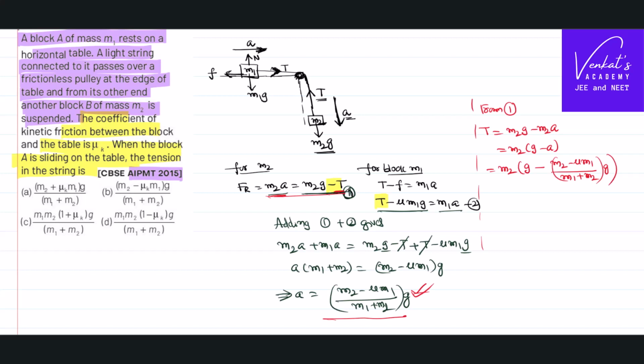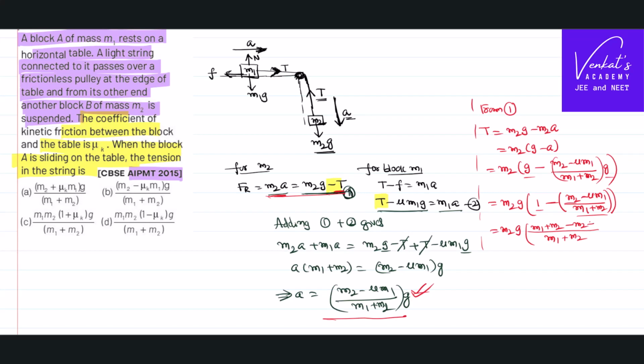That's the equation that we have made. Let us simplify this. M2 is outside. G is common in both of them. 1 minus what is remaining? M2 minus mu M1 by M1 plus M2. This has to be simplified further. M2G of, LCM is M1 plus M2. Being a numerator is 1. Here also I will get M1 plus M2 minus M2.